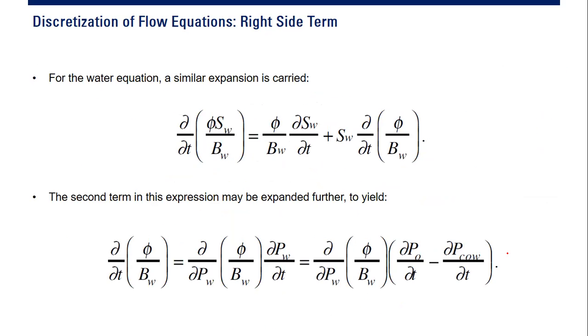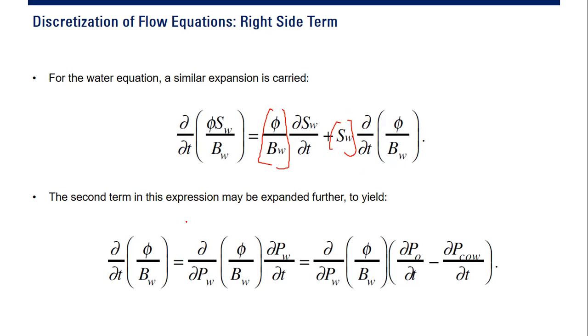Okay. So for the water equation, a similar expansion is carried out. First we expand the porosity over BW, which goes out, multiplied by dSW/dt, and then water saturation goes out, d/dt of porosity per BW.